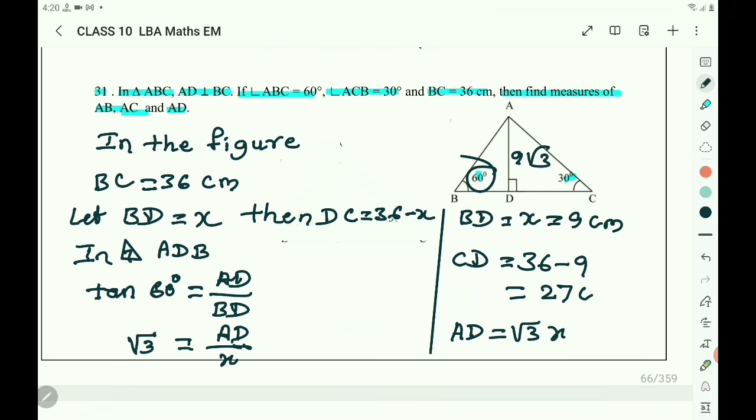Use this 60 degree. For 60 degree, AD is the opposite side. AB is to be found out. For this triangle, AB is the hypotenuse. Use the trigonometric ratio with opposite side by hypotenuse, that is sin theta.